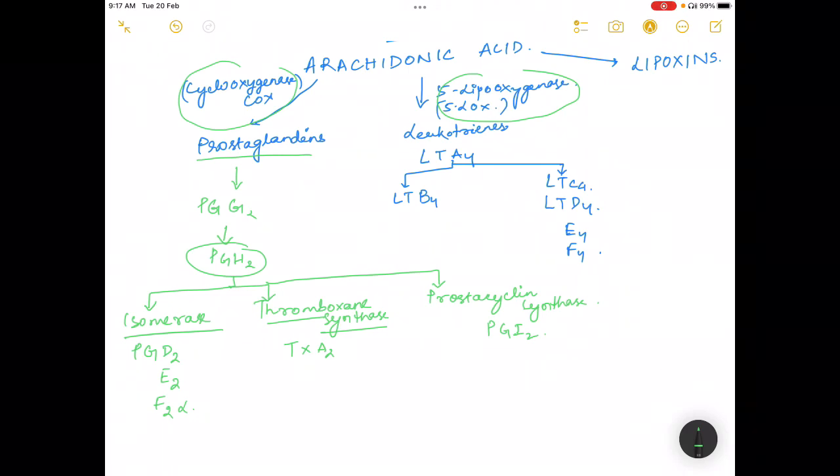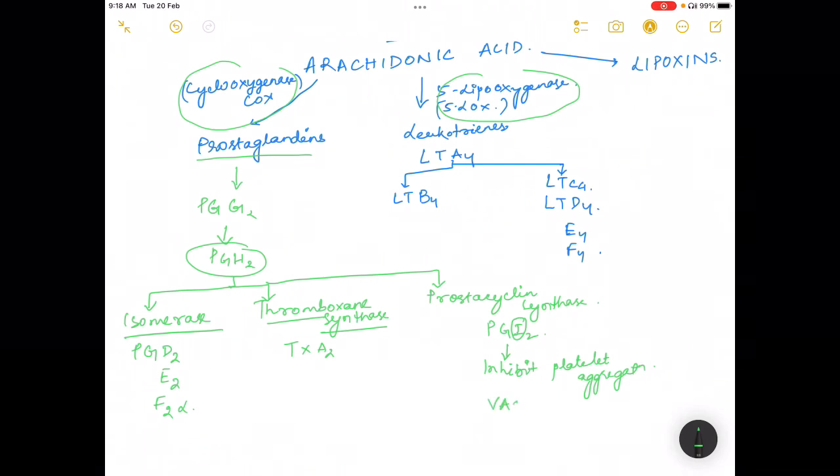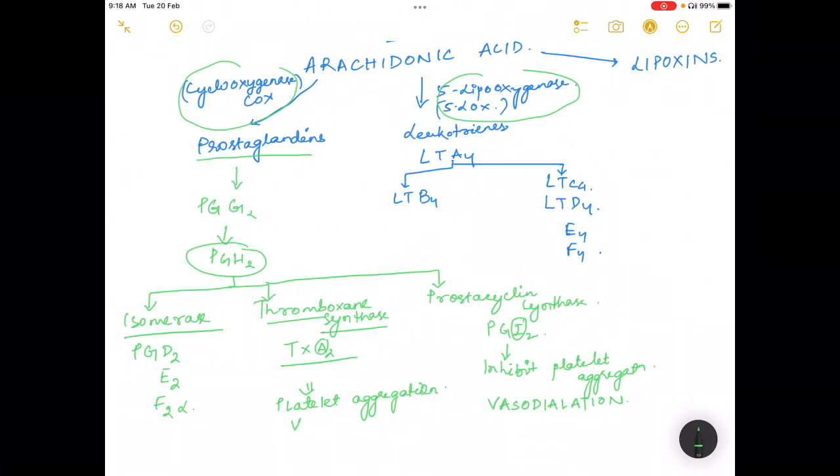So prostacyclin PGI2, as the name indicates, will inhibit platelet aggregation, and this also causes vasodilation. Thromboxane A2, A is there, so it will cause platelet aggregation. It is a vasoconstrictor. It will also cause bronchoconstriction.